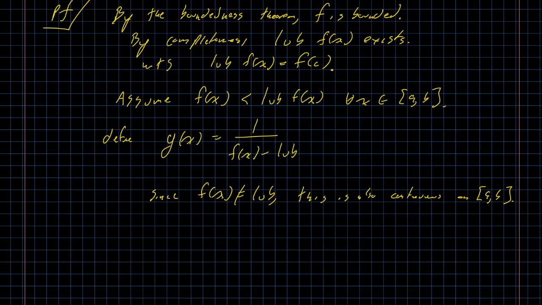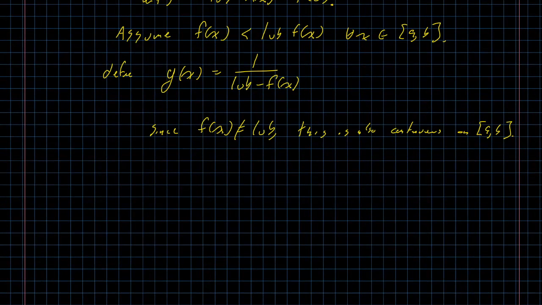I'm sorry, I wrote this backwards. I need the least upper bound minus f of x. That will in fact make a difference, but the logic is still the same, but the sign there is going to make a difference.